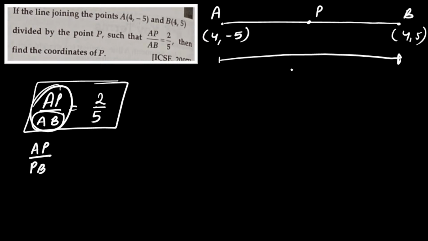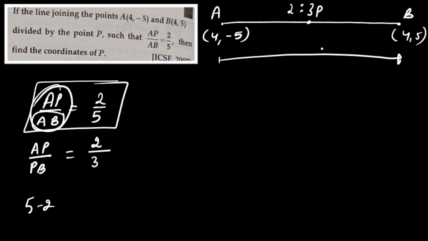So AB is the full line segment, so AB has 5 parts. Out of that, AP has two parts. That means how many parts will PB have? 5 minus 2 is 3. So PB will have 3 parts.